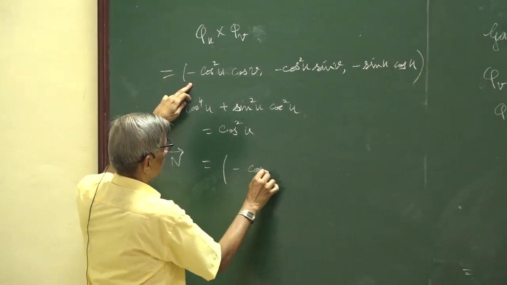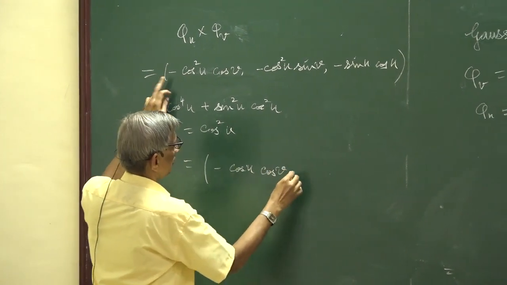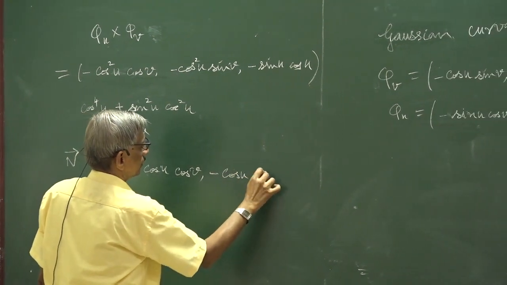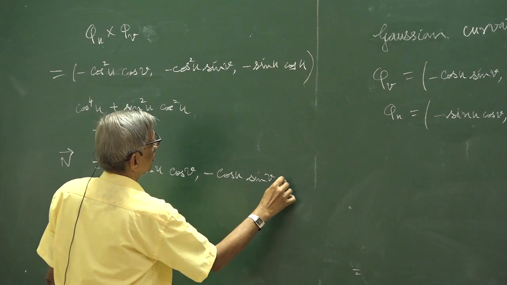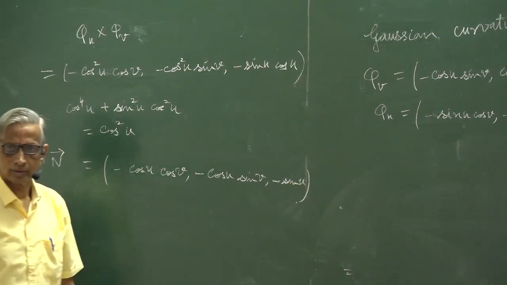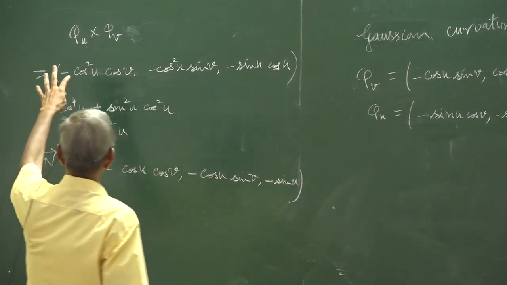minus cos u cos v, minus cos u sin v, minus sin u. Just divide this by this.